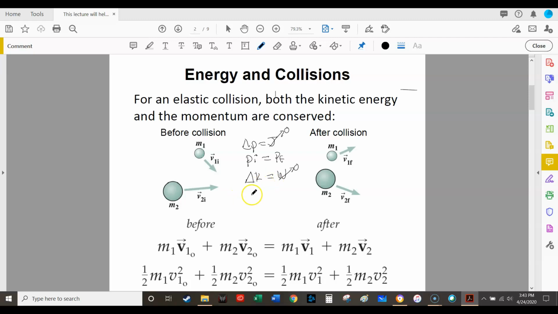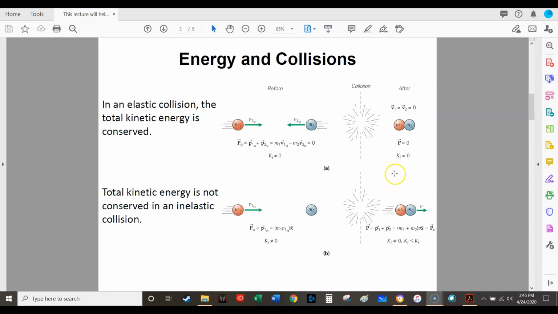So what that is saying is that the initial kinetic energy is equal to the final kinetic energy. So with elastic collisions, and only with elastic collisions, both momentum and kinetic energy are conserved, okay? Because everything is just being contained within that system.